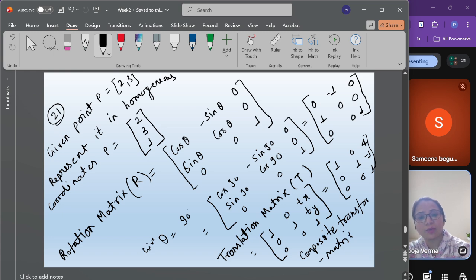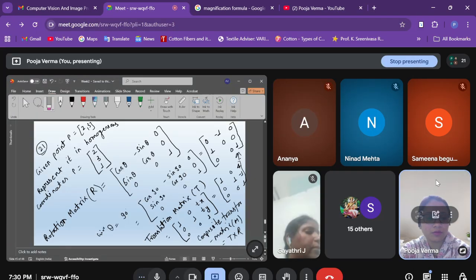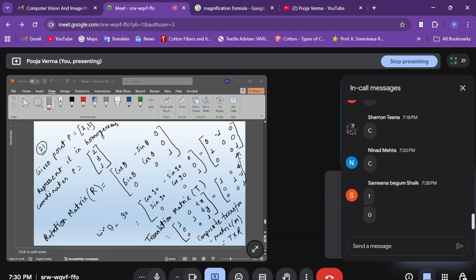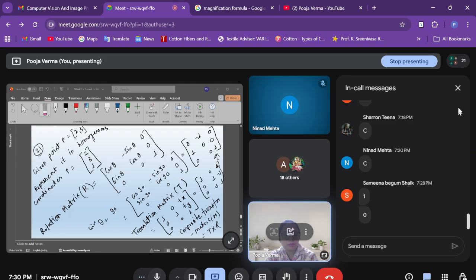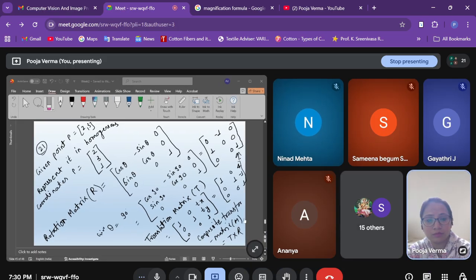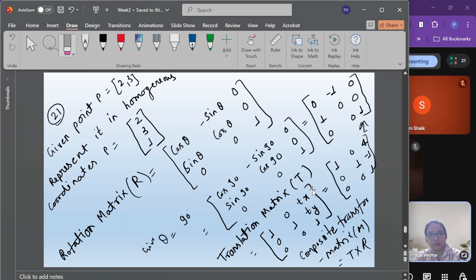So we need to multiply all these matrices. M, that is, first we will multiply the translation matrix and the rotation matrix. Can you multiply these two matrices and let me know what the answer will be?